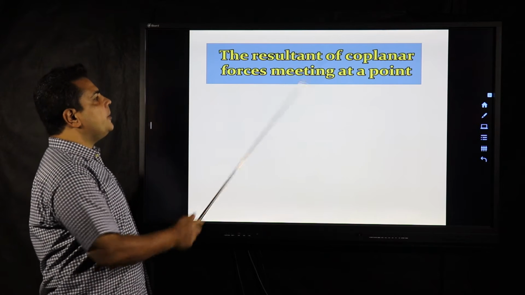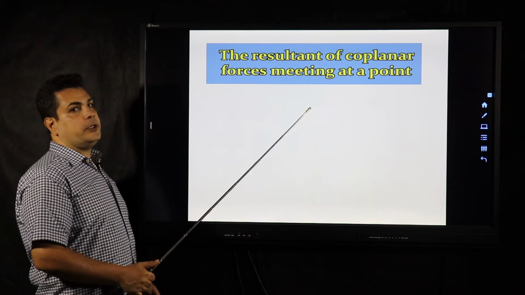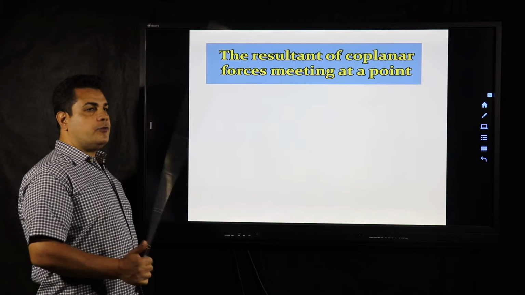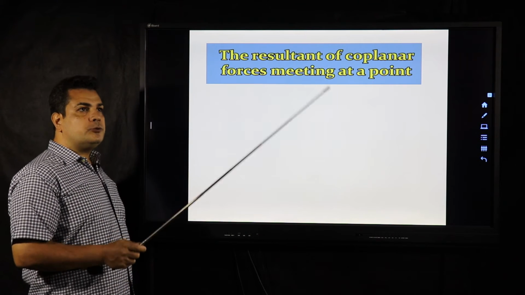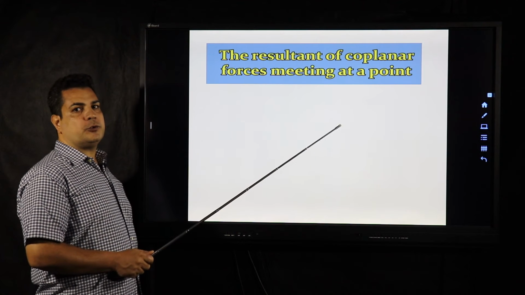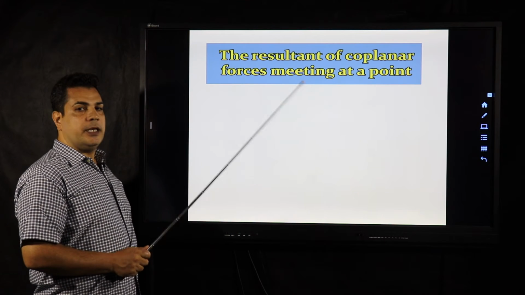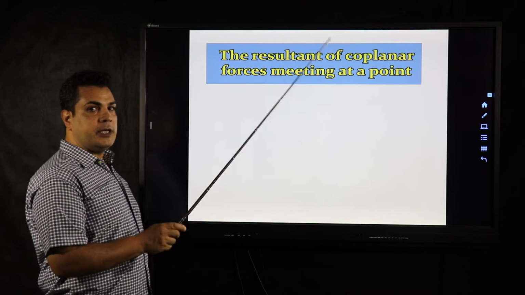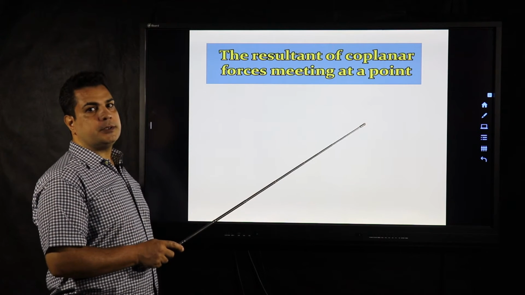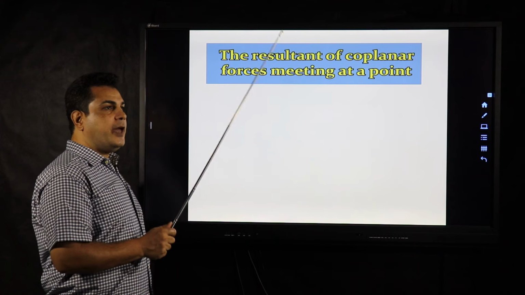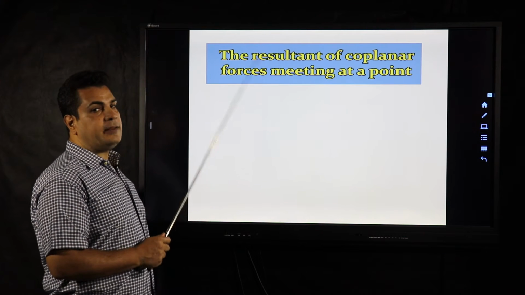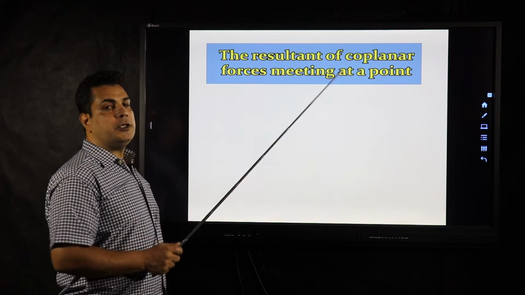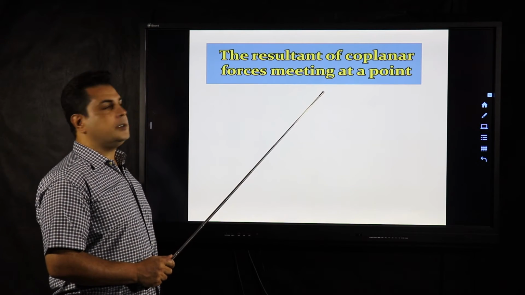Now, the resultant of coplanar forces meeting at one point, meaning many forces meeting at one point. The first lesson was the resultant between two forces F1 and F2: R equals the square root of F1 squared plus F2 squared plus 2 F1 F2 cosine alpha, where alpha is the angle between the two forces, and its direction is tan theta equals F2 sine alpha over F1 plus F2 cosine alpha.